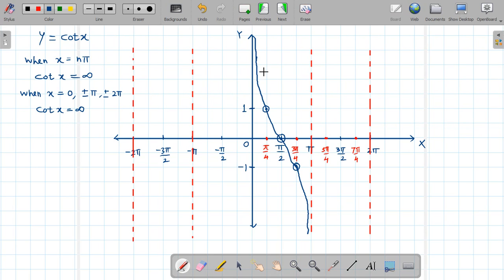It reaches infinity whenever you approach 0. So it is shown this way. Similarly, whenever you reach pi, it also becomes infinity. So just show it like this. Okay, so this is the graph of the cot function between 0 to pi.